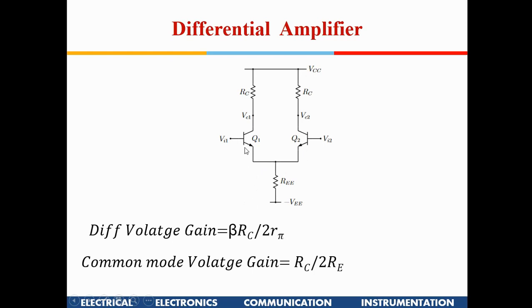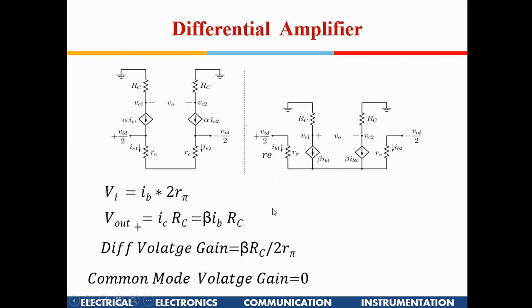But what about the common mode gain? Initially we said that if there is no RE, no current will flow because they are equipotential. But if you have an RE here, when you increase the potential, current will flow in this path and this path. When you have a difference signal, you see R pi, RB, R pi, RB, and applying the KVL, the differential voltage will not change.